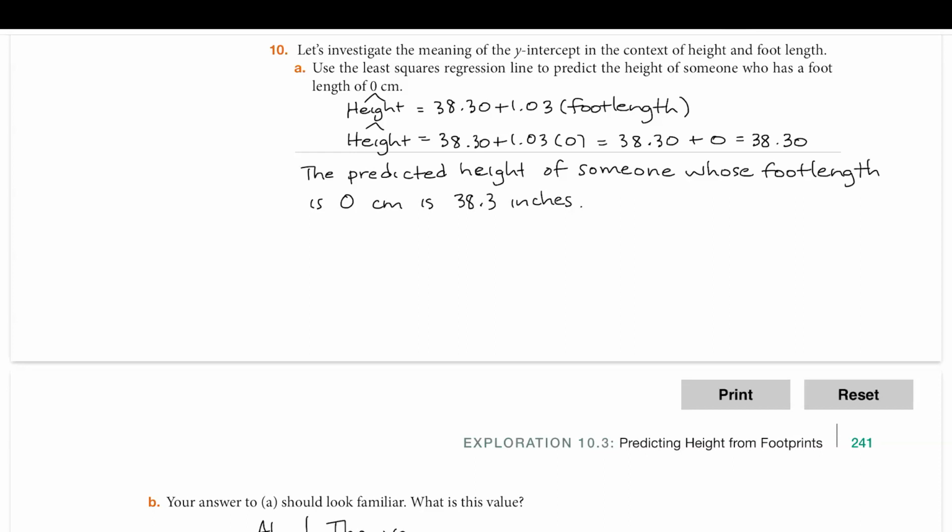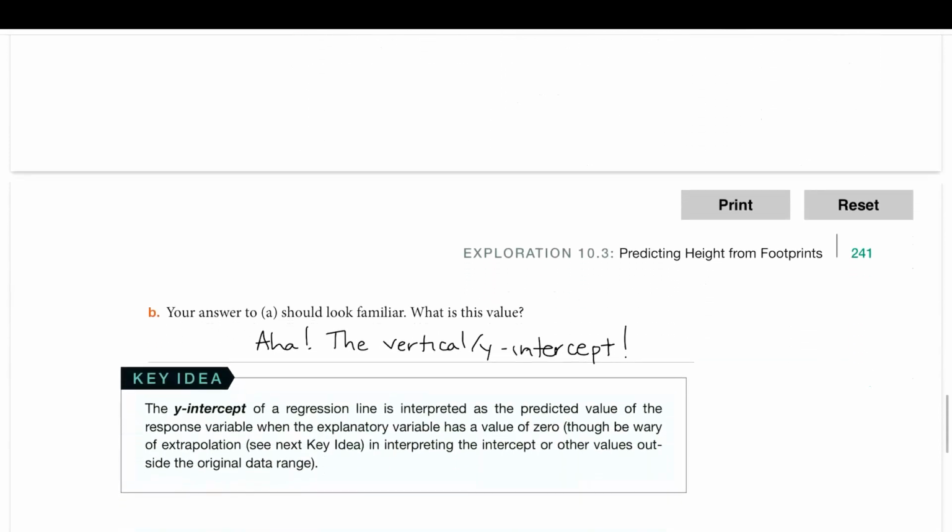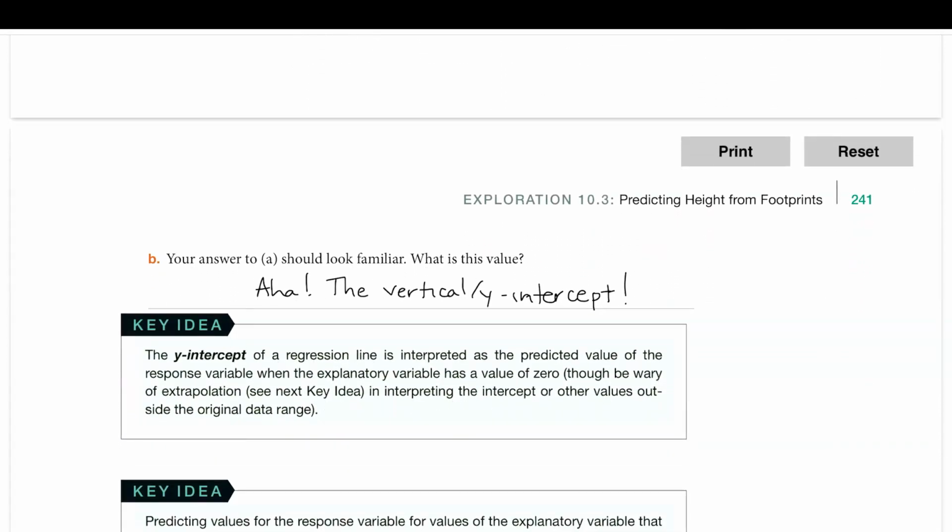First of all, for part B, your answer to A should look familiar. What value is that? The vertical or y-intercept. Anytime we let the explanatory variable value be 0 and we calculate the predicted response, we will always get the vertical intercept back.